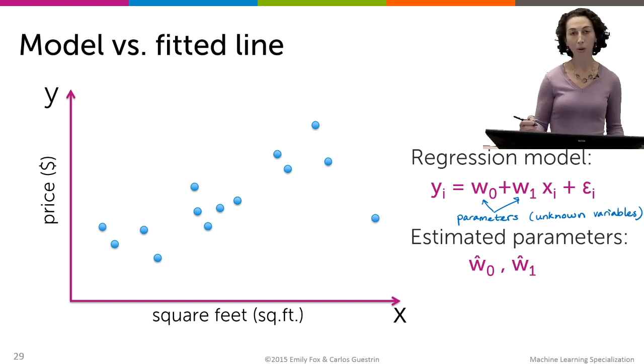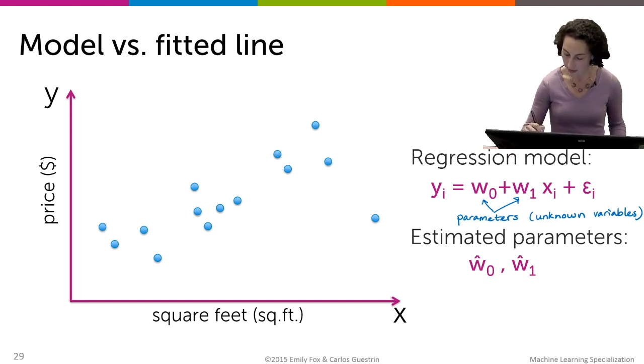And our goal is to estimate these parameters, fix values of these variables based on our data. And so that's what w hat represents. These are our estimated parameters. And these take actual values.